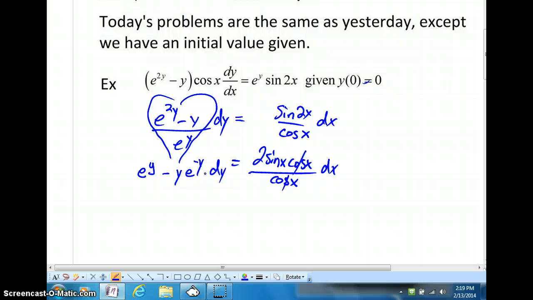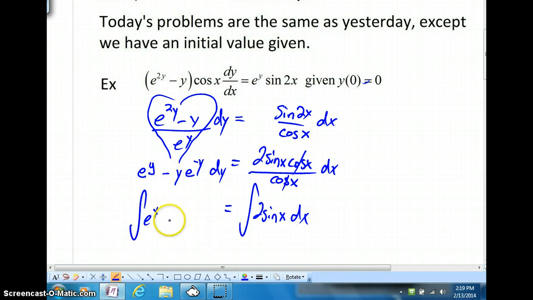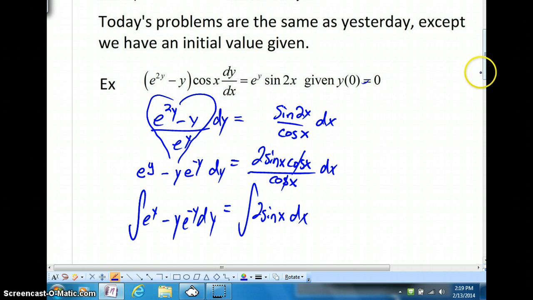Integrating won't be that big of a deal, especially on the right side, but on the left side, maybe a momentary inconvenience. You probably won't have an issue with e to the y, definitely should not. But it's this e to the negative y that's a problem. That's a little bit of a concern.